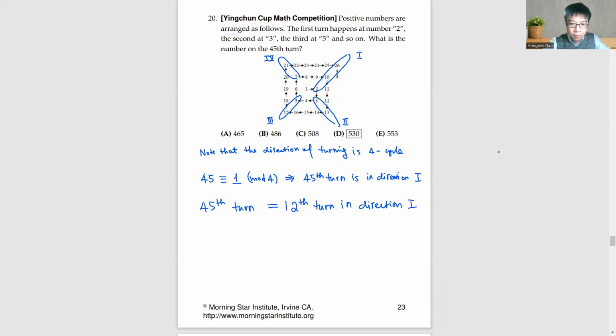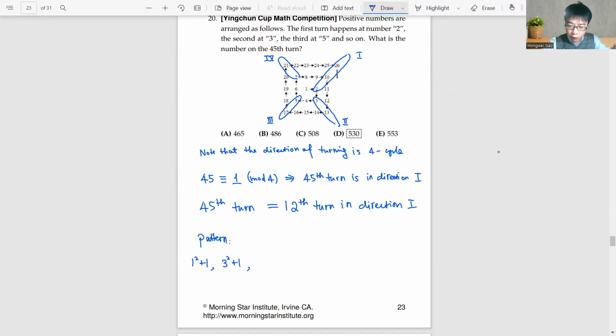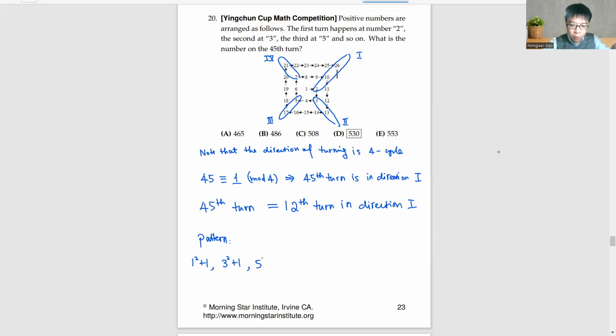Now the pattern is easy to see. The pattern is the following: 1 square plus 1, that's the first turning number in this direction. Then 3 square plus 1, the second turning number in this direction. And 5 square plus 1, that's the third turning number in this direction. Okay, we are looking for the 12th turning number in this direction.